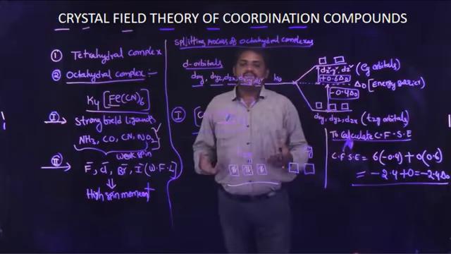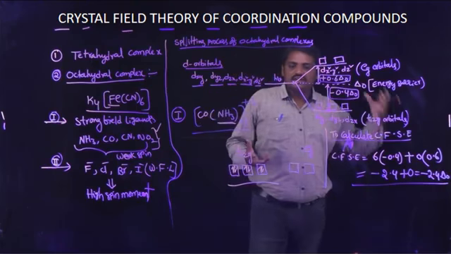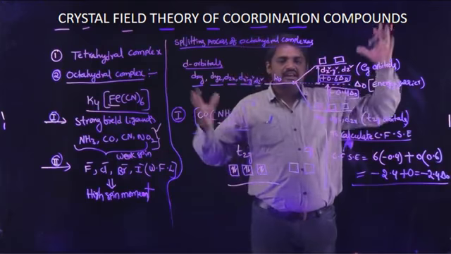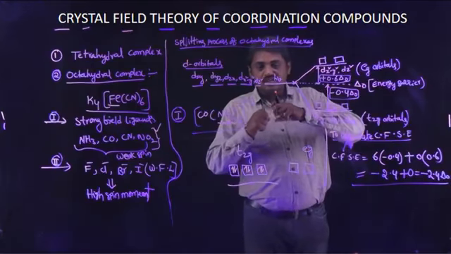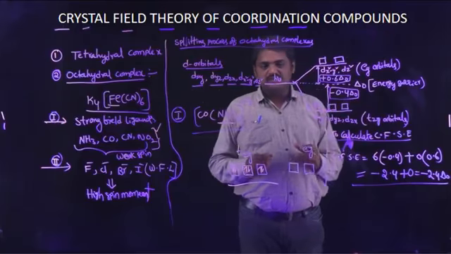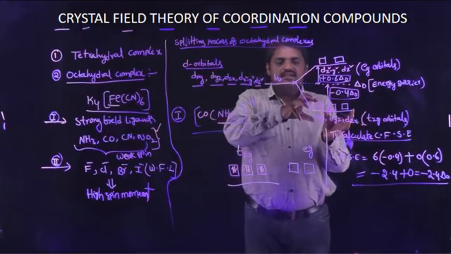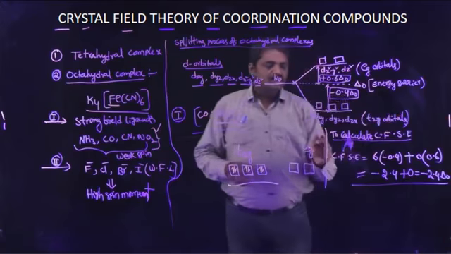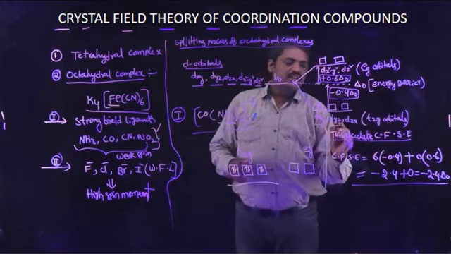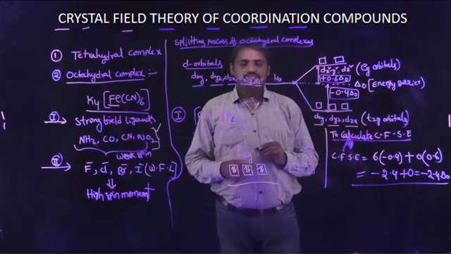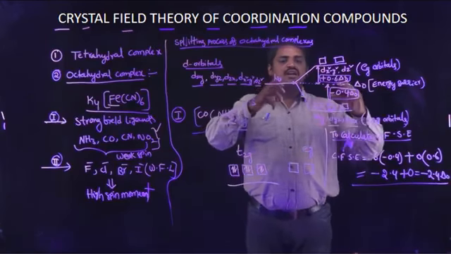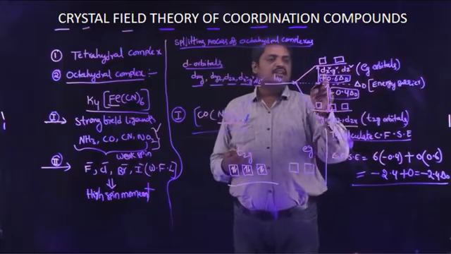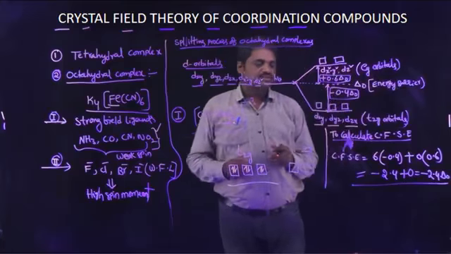When the ligands approach, these d orbitals are no longer degenerate; they split into different energy levels. Some d orbitals attain the ground state level, known as t2g orbitals: dxy, dyz, dzx. Some orbitals are split to the excited level: dx square minus y square and dz square.